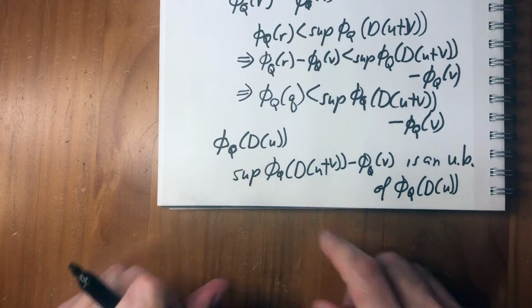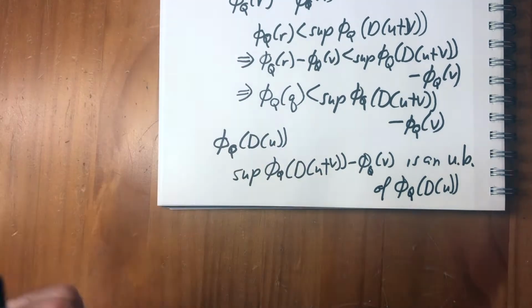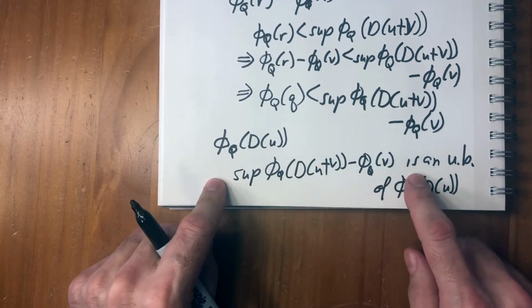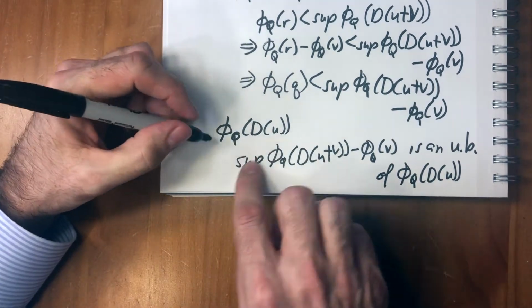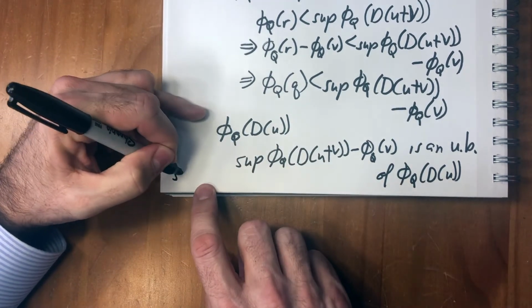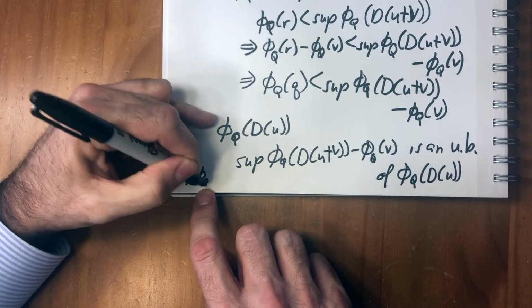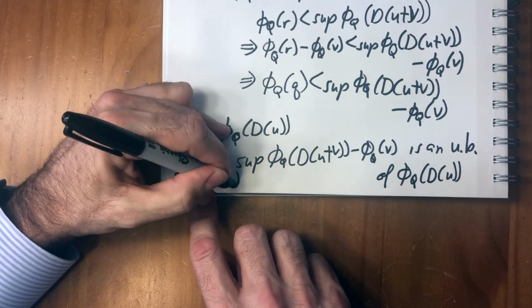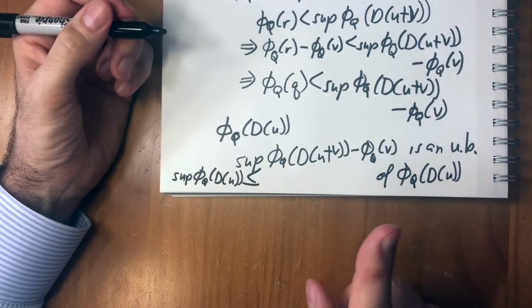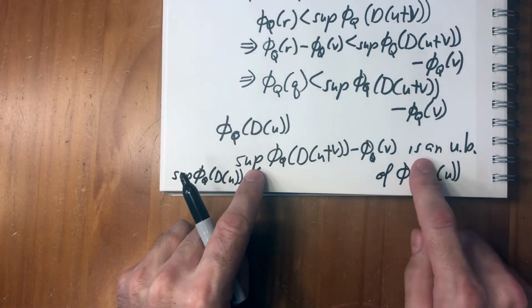So what we have then, this set has a least upper bound. And since this is an upper bound, we have that the supremum of this has to be less than or equal to, because this is the least upper bound, this is an upper bound.